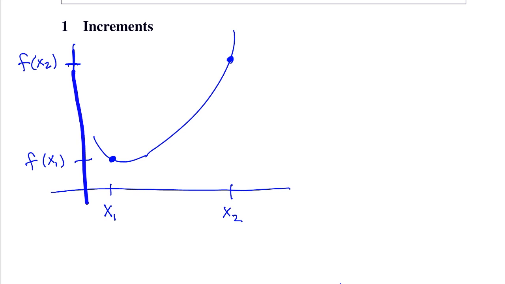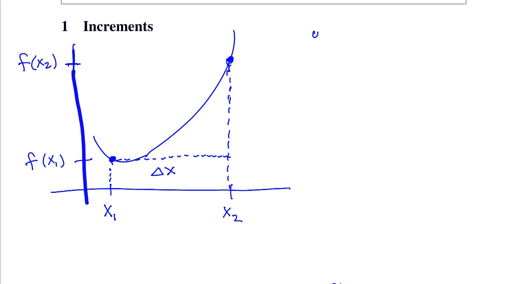What we are looking at today is the increments. And the increments are how the different variables change from one position to another. So if I look at the change from x1 over here to x2, we are going to call that delta x. The triangle is the Greek letter capital delta, right? It's basically our D, and it stands for change.